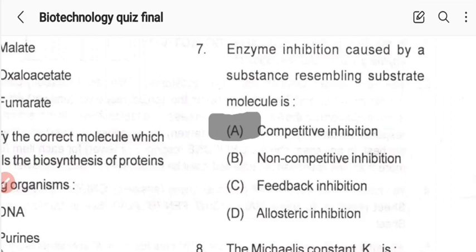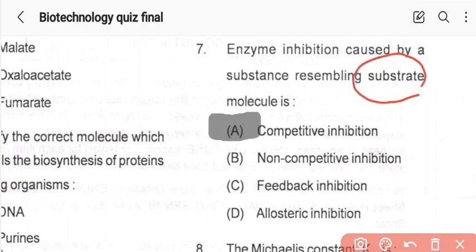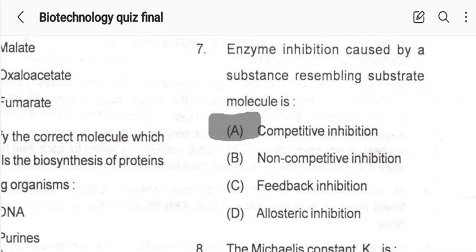If an inhibitor inhibits the enzyme catalysis process and resembles the substrate molecule, then that kind of inhibition is called competitive inhibition, because the inhibitor is competing against the substrate, so that the substrate is not capable of binding with the enzyme.